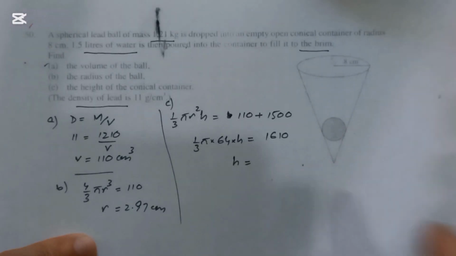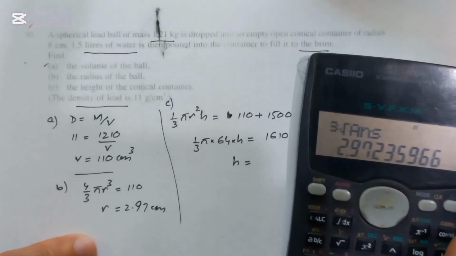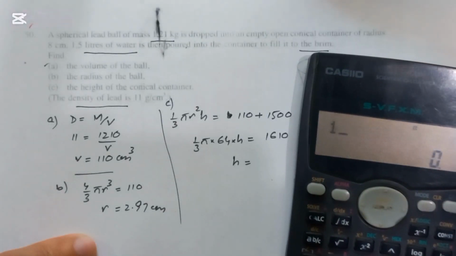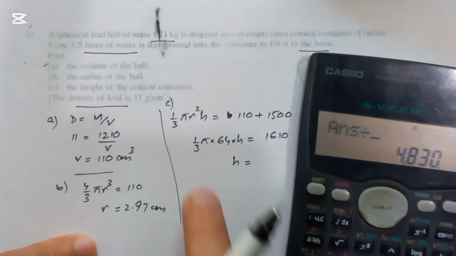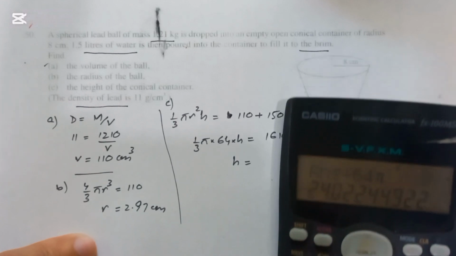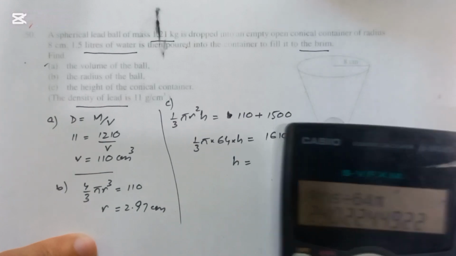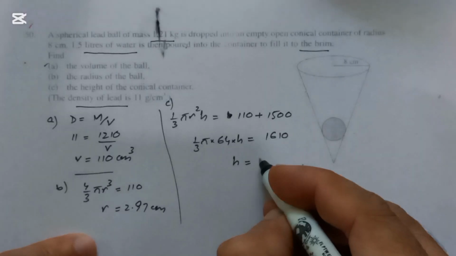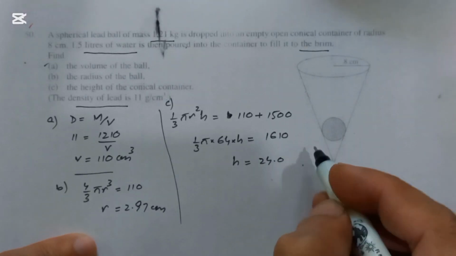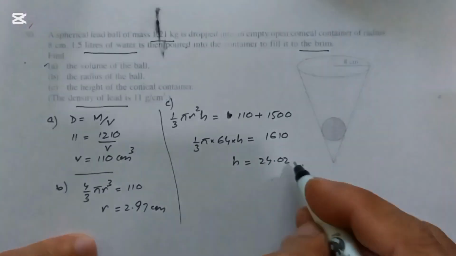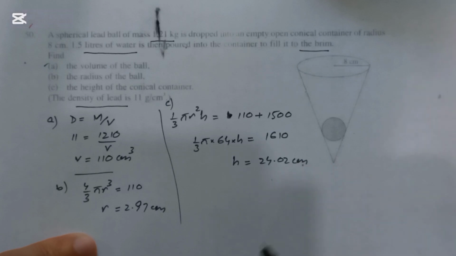And from here we will find the value by using calculator. 1610 multiplied by 3 divided by 64 pi. Answer will be 24.02. Unit will be definitely centimeter.